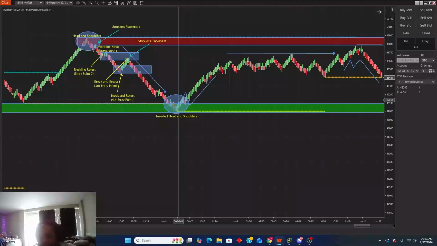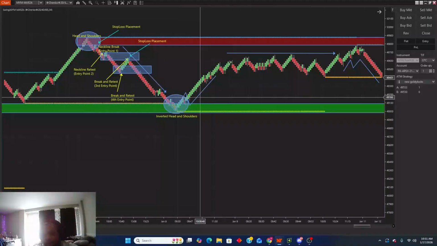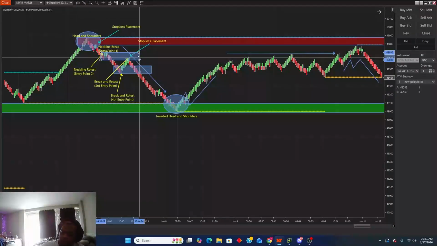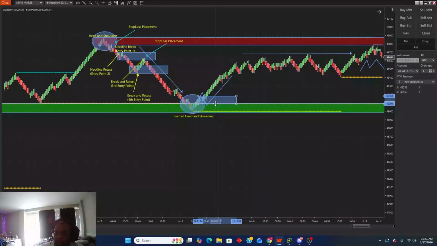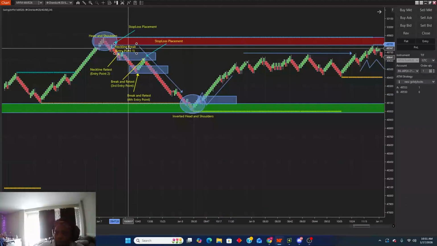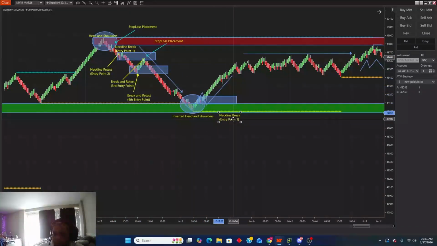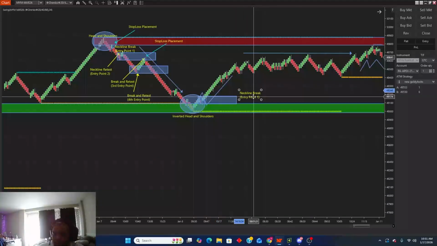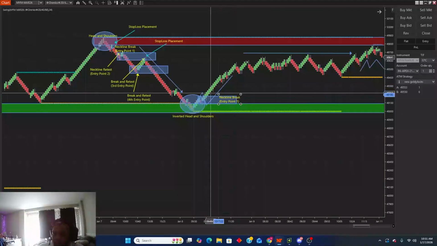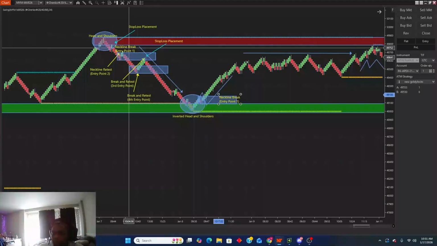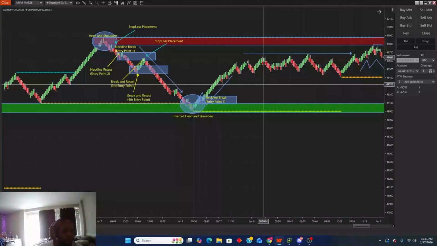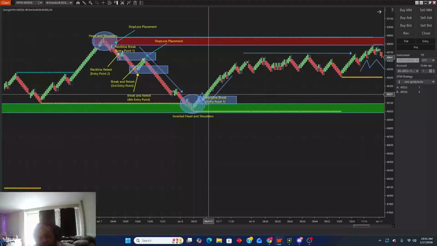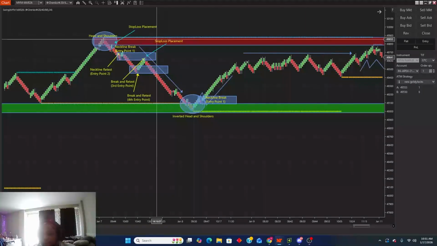Cool. Now that you have this inverted head and shoulders, I know you're thinking, where would you enter? I got you. Neckline break. Entry point 1, the break of this box.